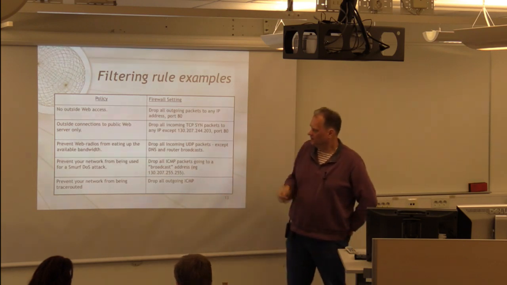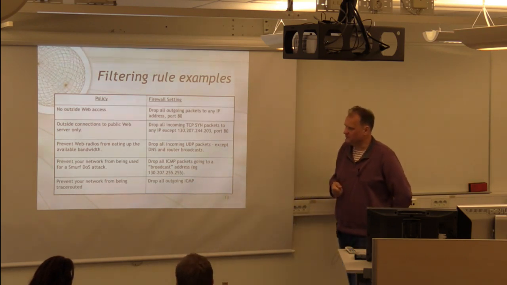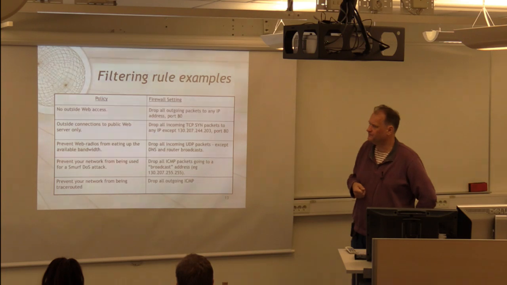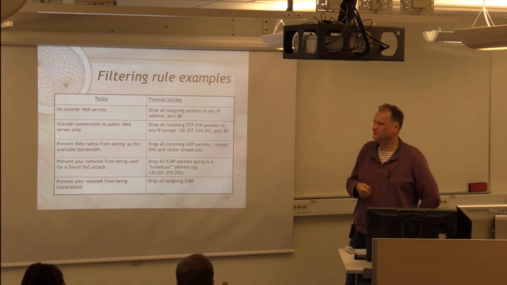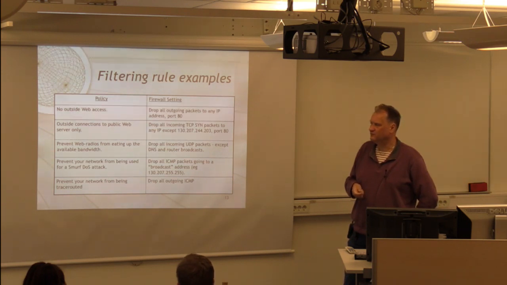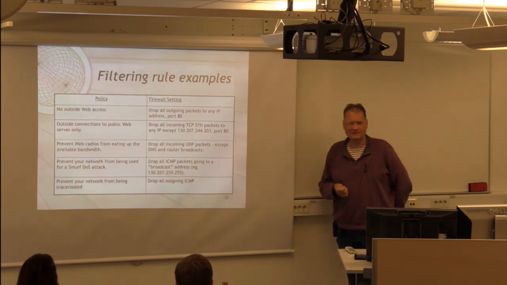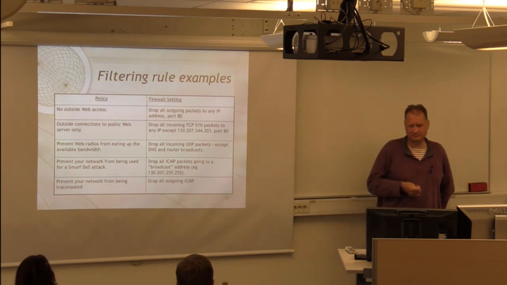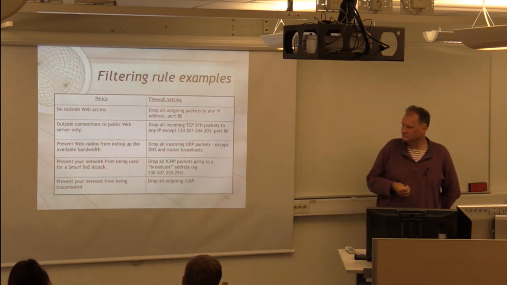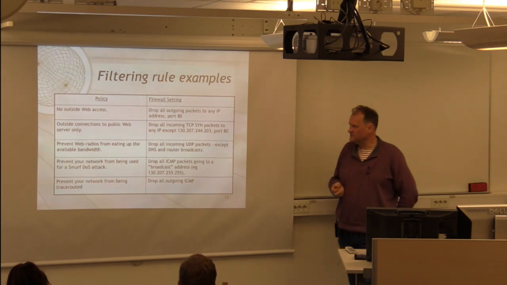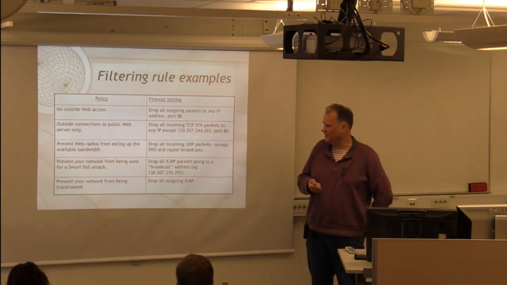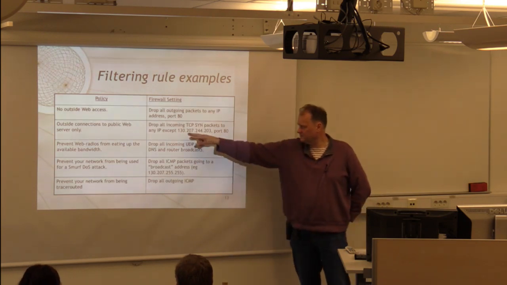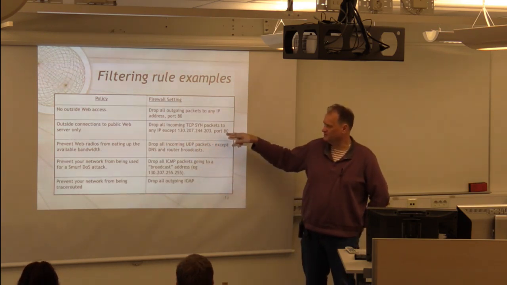This one then: outside connections to the public web server only. So we should allow someone to go out, but we shouldn't allow people to anything else. And then we say the firewall setting is drop TCP SYN packets to any IP except a certain IP on port 80.